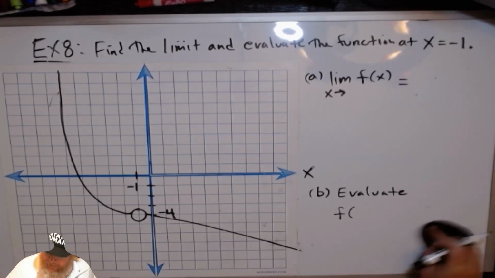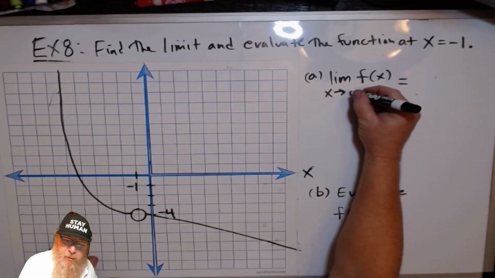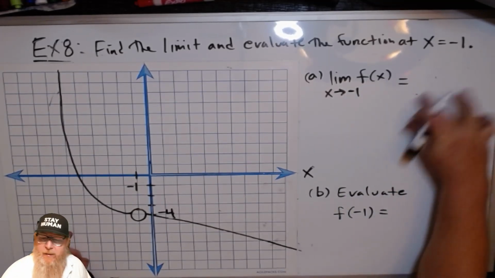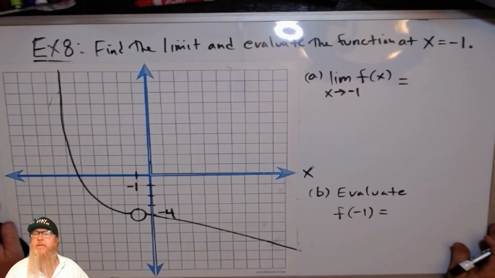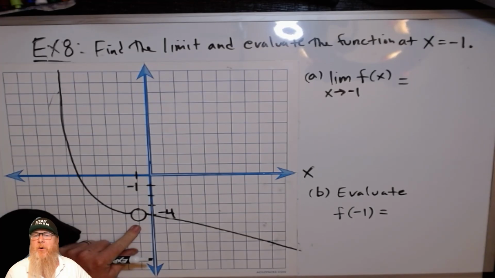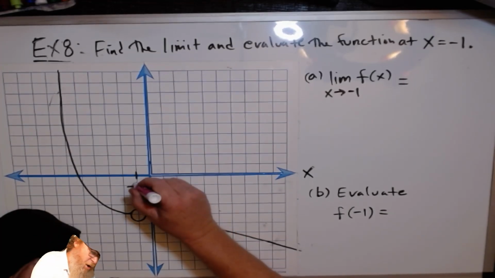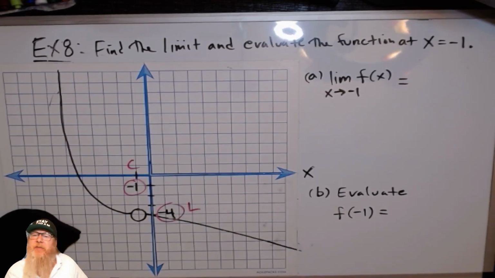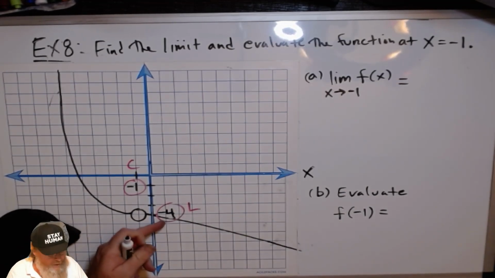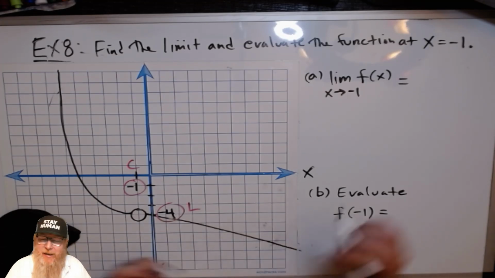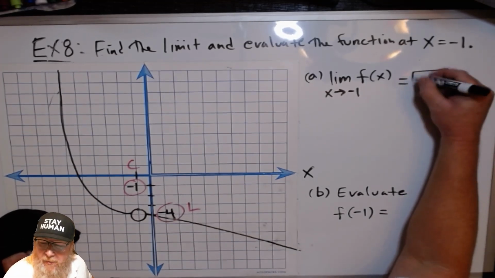Same two questions. Now this time we're approaching -1. All right. So this time there's only one hole corresponding to one value of C. There's one value of L. There can only be one L for each C. And so this limit is in fact -4.